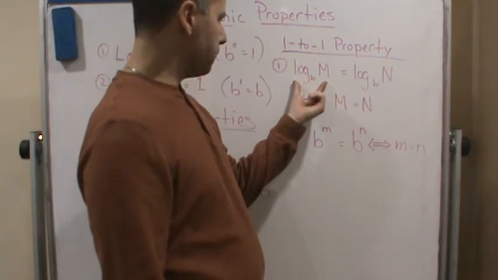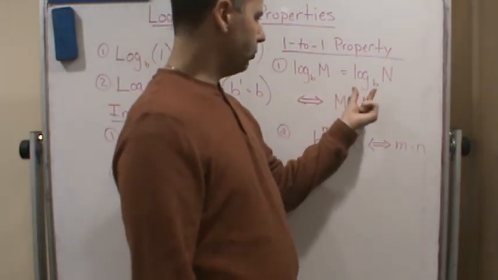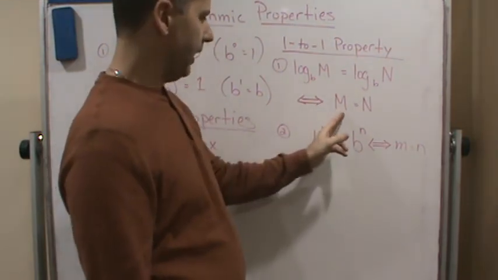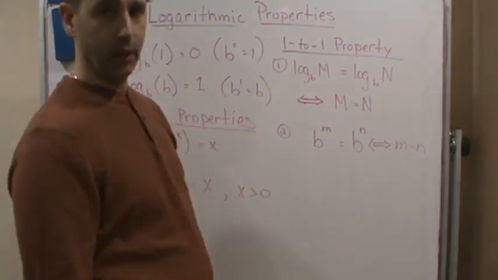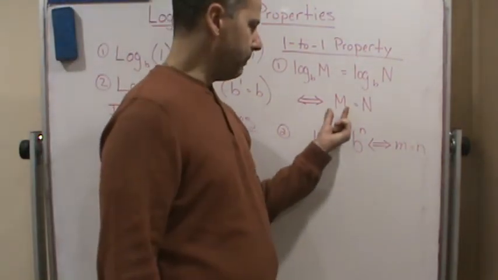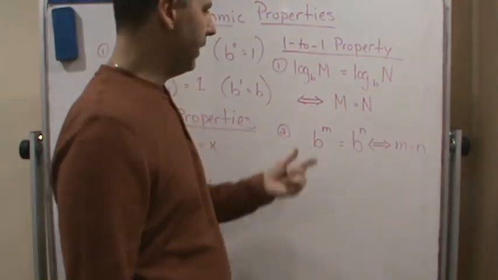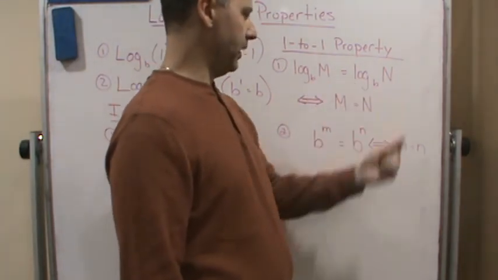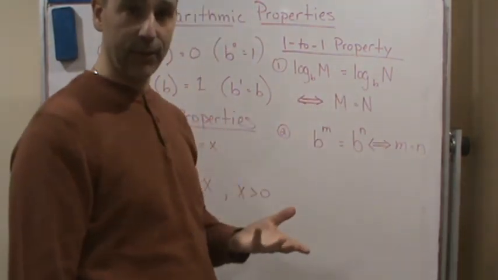So log base b of m is equal to log base b of n if and only if m is equal to n. Okay, that's what this property says. Or if you know that m is equal to n, then it must be true that the log base b of m is equal to the log base b of n. So it goes both ways. It's an if and only if.